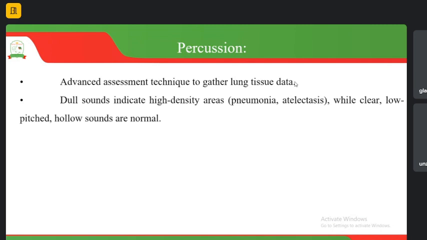But when you see that there is a dull sound, then you suspect pneumonia and then atelectasis. And also pneumonia causes lung consolidation, and when the lungs are consolidated, when you do percussion, it gives you that dull kind of sound.